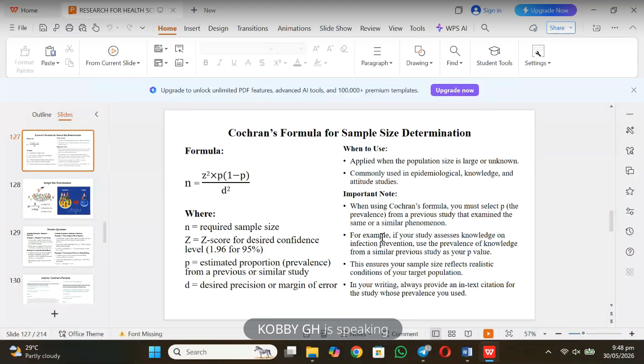Okay, so in the Cochran's formula, we will give you a proportion. I'm giving you an example. 0.75 and 98%. The confidence level is 98%. The proportion is 0.75. Calculate the sample size using the Cochran's formula. How is it going to be?